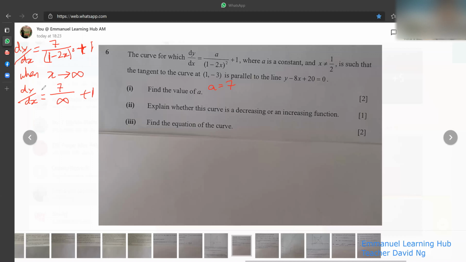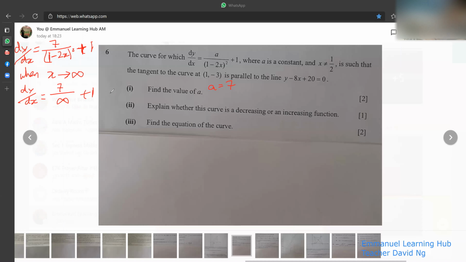Do you understand this working? Because when x is infinity, the one in the bracket will be negative infinity. Negative infinity, I square it, that will become positive infinity. So 7 divided by infinity plus 1. So 7 divided by infinity, this will become very, very small.